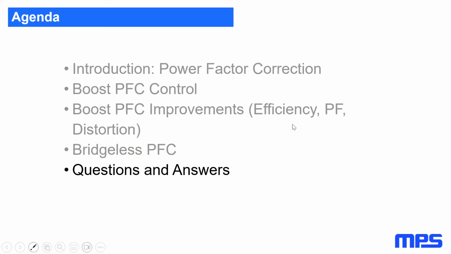Okay. And the next one is, when the AC line goes to zero, the bulk capacitor pushes high current to the AC line in a totem pole PFC topology. How to solve this problem? Yeah, so this will take too much time. Probably we're already past the hour.